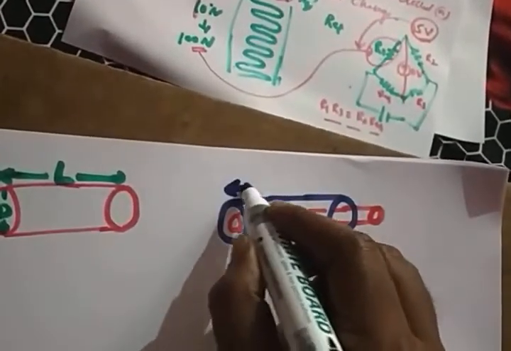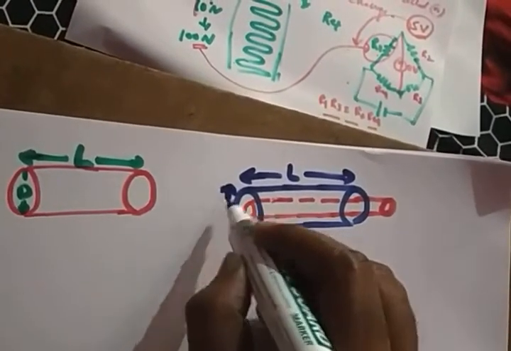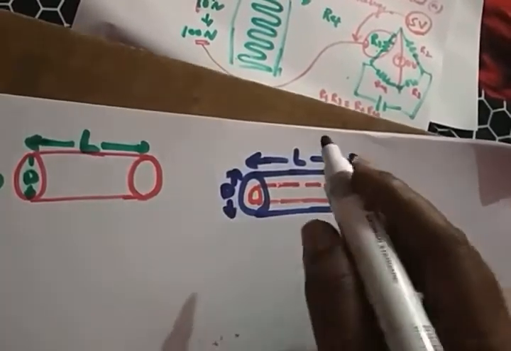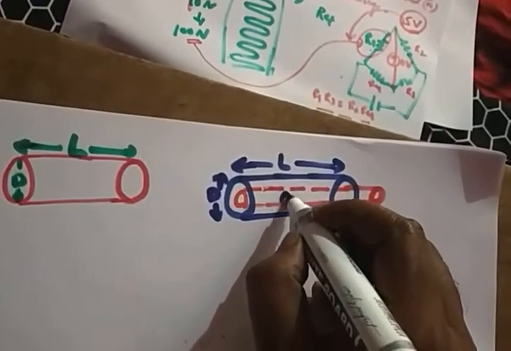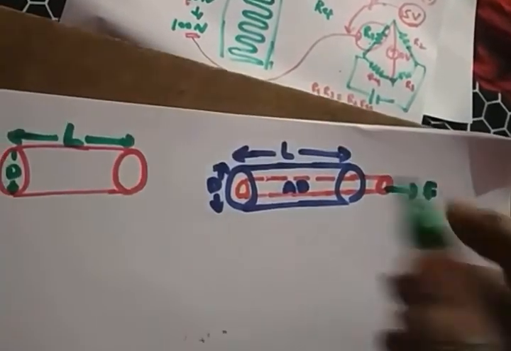So this we can call the length of the original conductor, and this is the diameter, but the change in diameter we call delta D. This is the force that you applied, and this we can call the change in length.